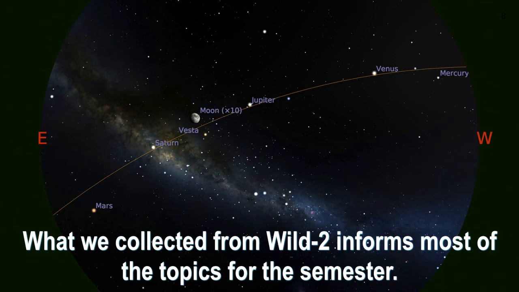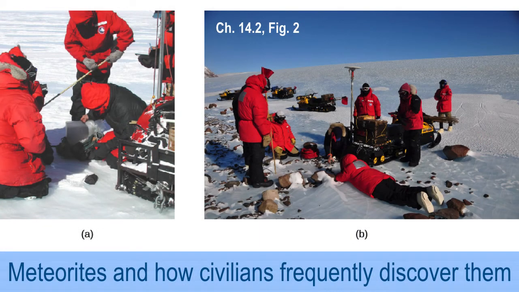Now, here's another important idea I want to share with you. This is the second idea, and it involves meteorites. And one of the cool things about meteorites is that civilians find most of them. Here's a bunch of scientists down in Antarctica looking for meteorites.